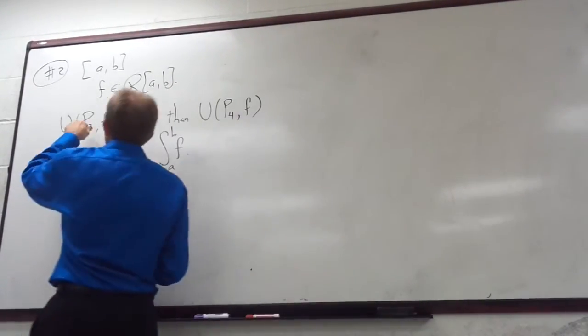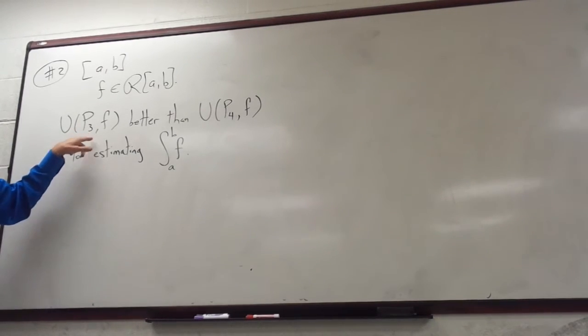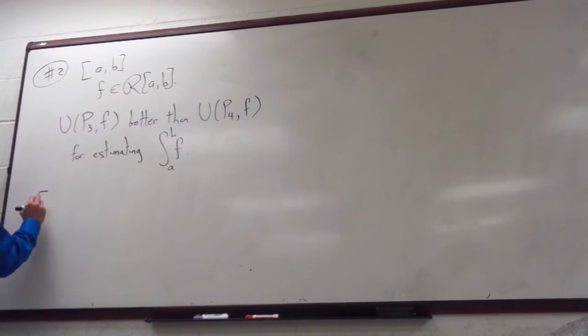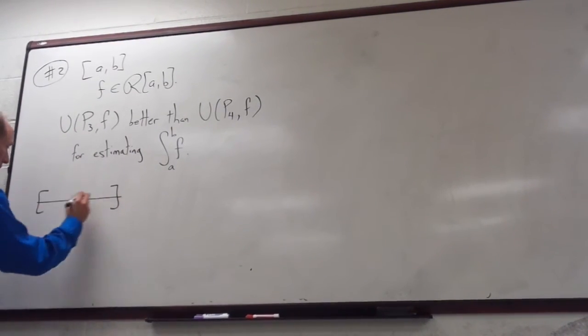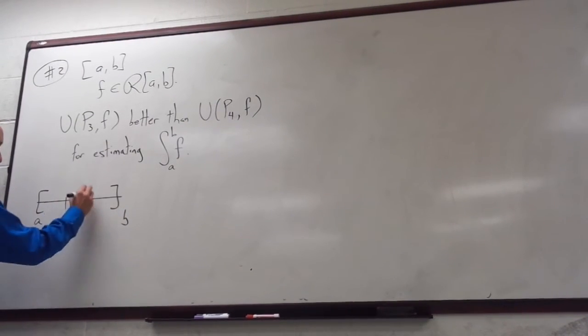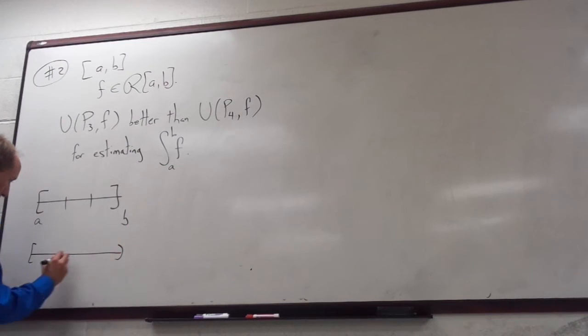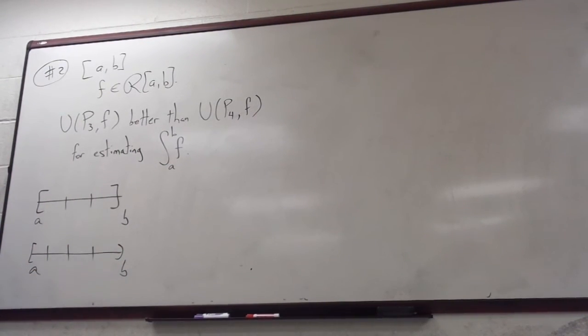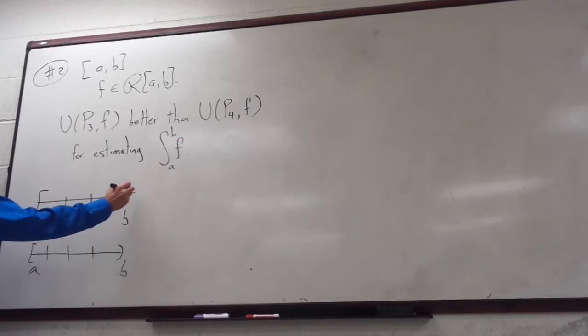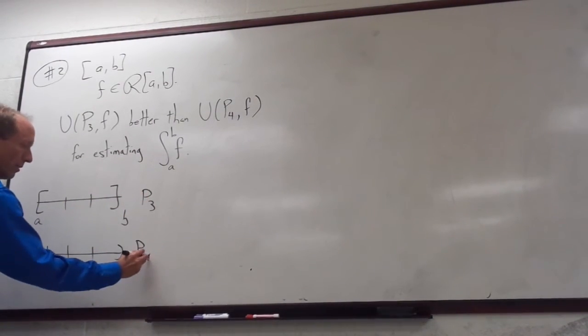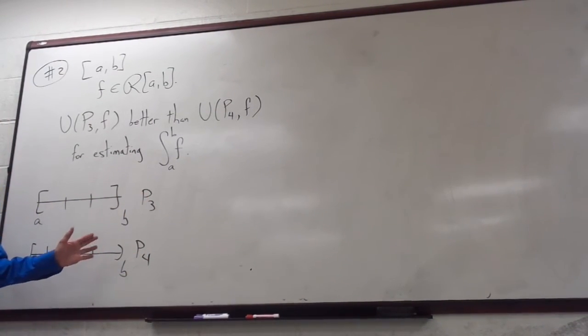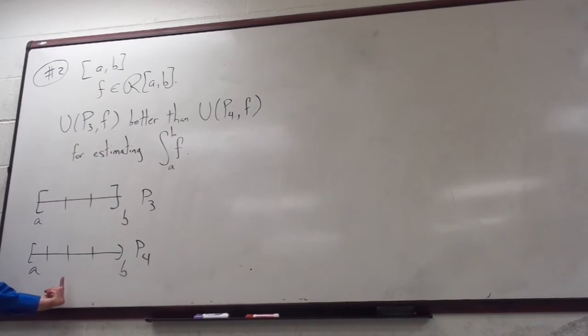Now, this P3 thing is that same thing. So here's [a, b]. We're chopping the interval into 3 parts, or we could chop it into 4 parts. So this is P3 and this is P4, partition-wise: 3 sections versus 4 sections.